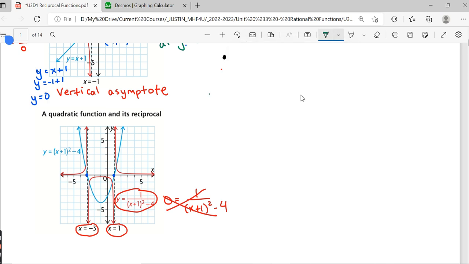So that again tells me there is a horizontal asymptote at y equals 0. Okay. And there are vertical asymptotes here. So I'm just going to put VA for vertical asymptotes now at x equals -3 and x equals 1. All right, so that would be point number 2.